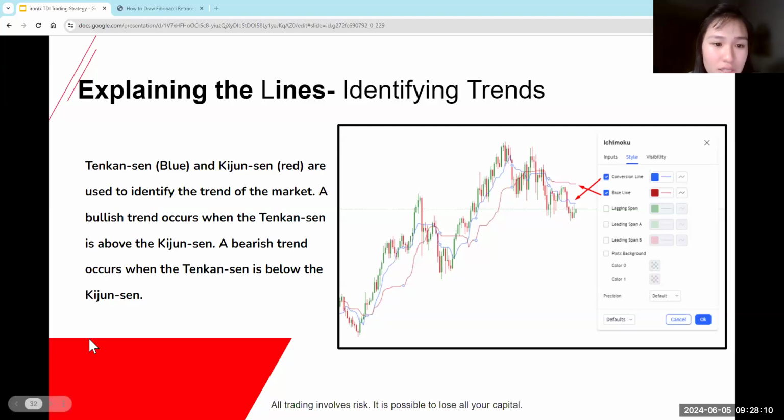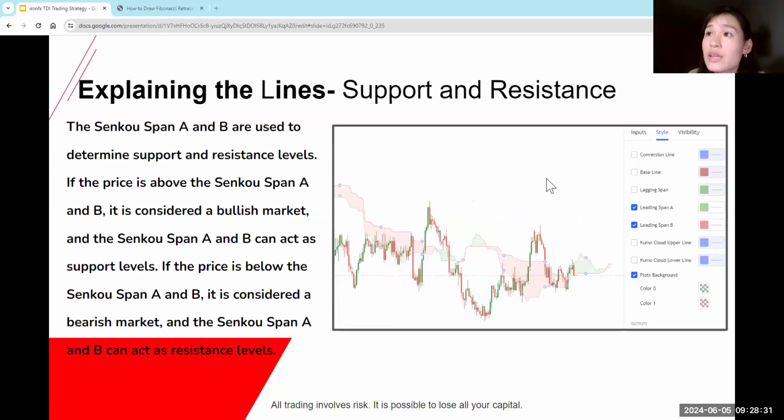A bullish trend occurs when the blue line crosses above the red line, and a bearish trend occurs when the blue line is below the red line. Okay, I think it's pretty clear here where our lines cross over and where there is a change in trend, so I'm not going to dwell too much on that.